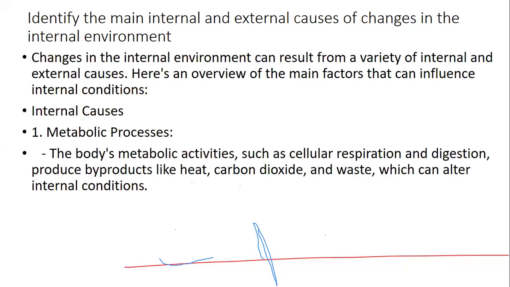So here are the internal causes. There could be metabolic processes. Some of these processes could involve cellular respiration, which produces carbon dioxide and heat, and maybe some other wastes, which will change, of course, the internal conditions, and therefore cause homeostasis to take place.